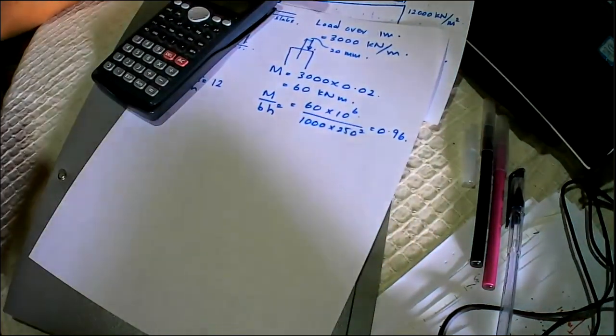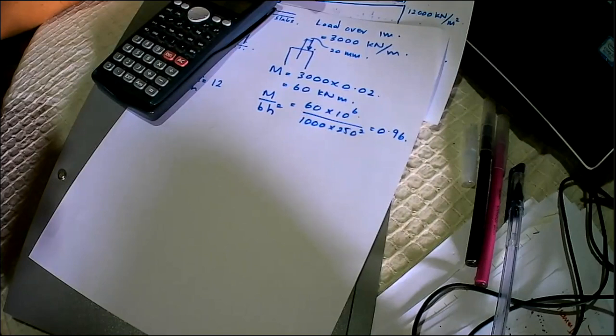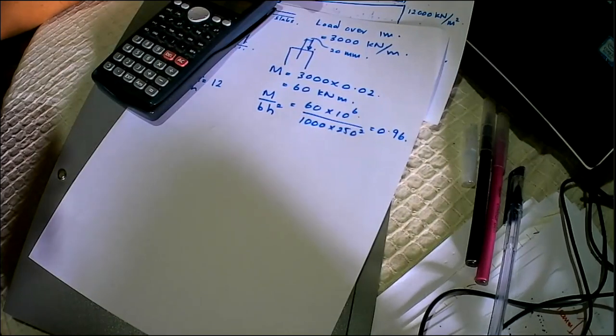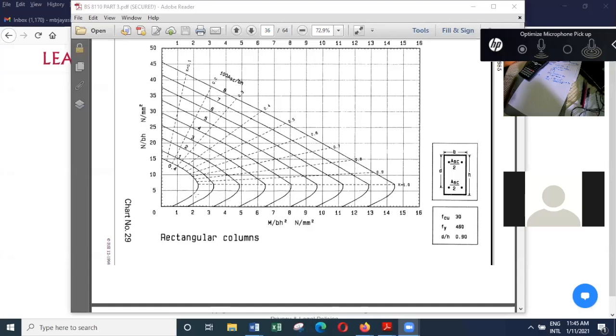Then we go to the column chart again, and we have 12 here and 0.96. 0.96 is somewhere here. So we'll end up with something like 0.4% reinforcement, right? So we say 100 As over BH is equal to 0.4%.